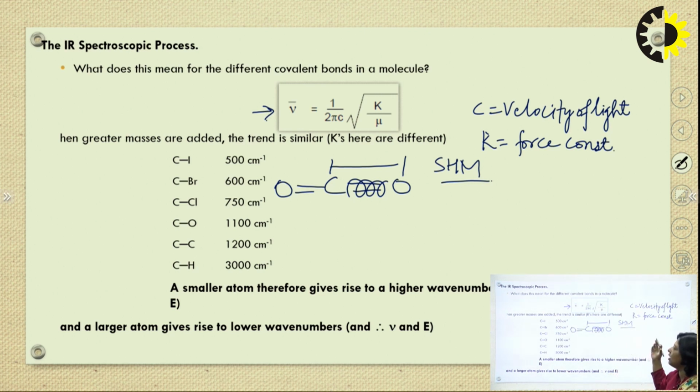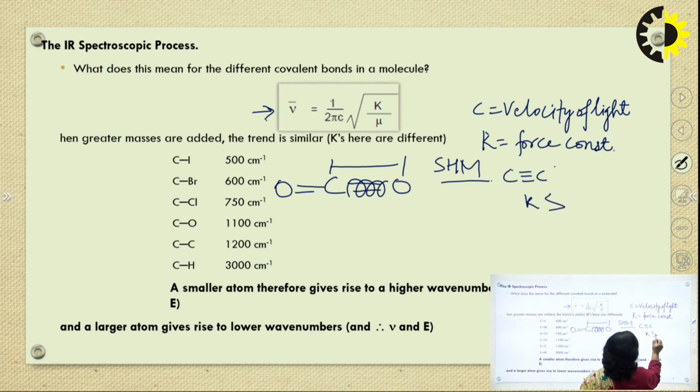The force constant depends on how strong the bond is. For example, a C triple bond C has higher bond strength, so k will be more than for a C double bond C, then a C single bond C, and so on.